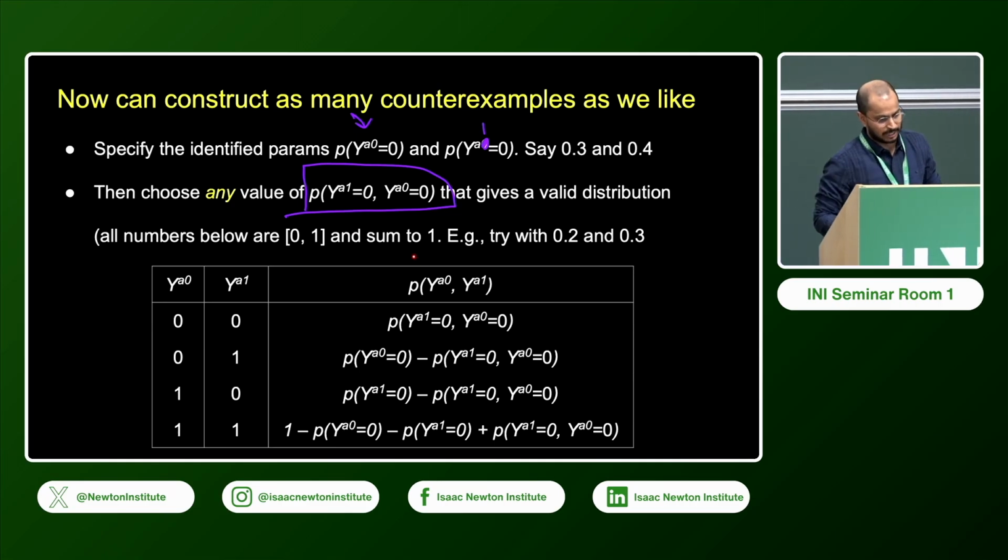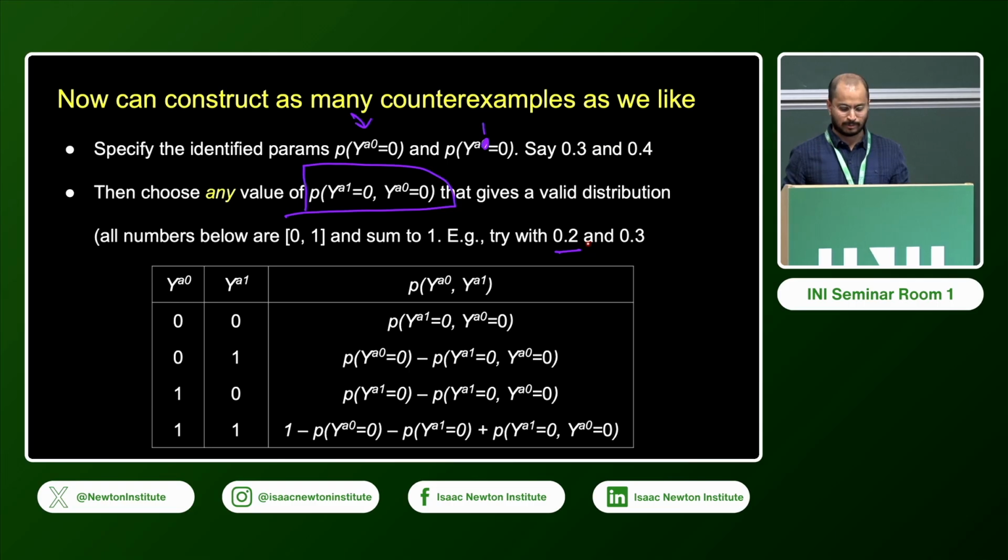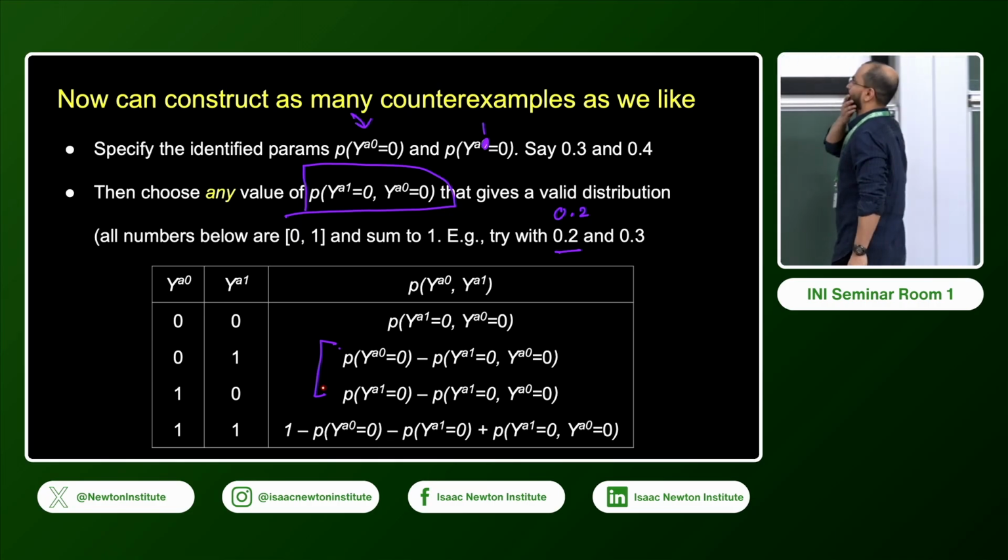And so for example, I could pick 0.2, I could pick 0.3. But one thing to note is that you do have to be careful about how high you can go. So actually I should say 0.2 and 0.1. You shouldn't go to 0.3 because you'll notice that these parameters are variation dependent.